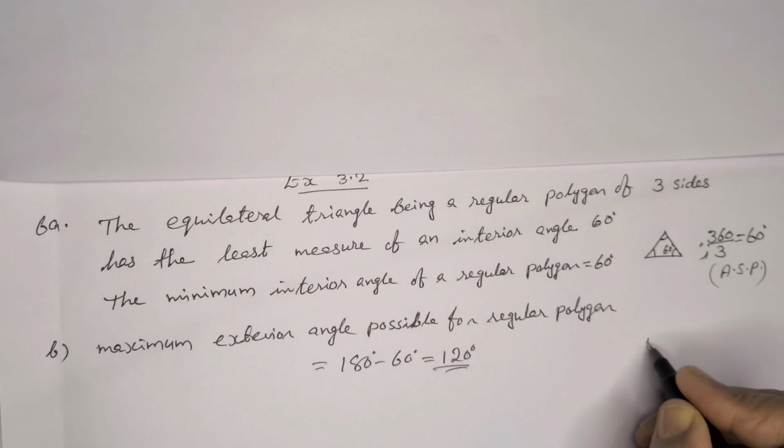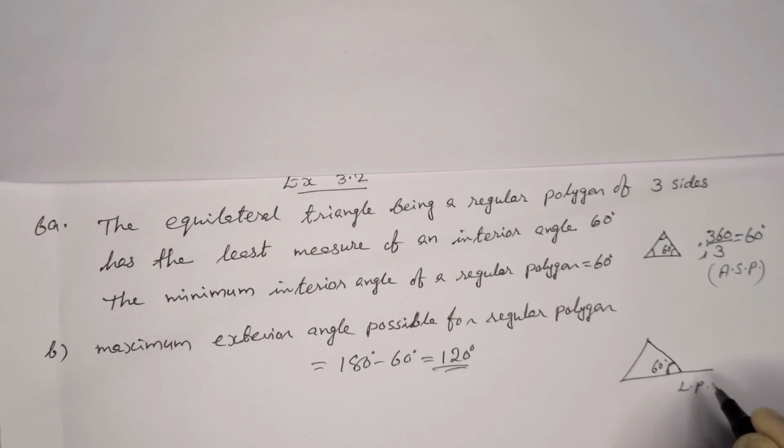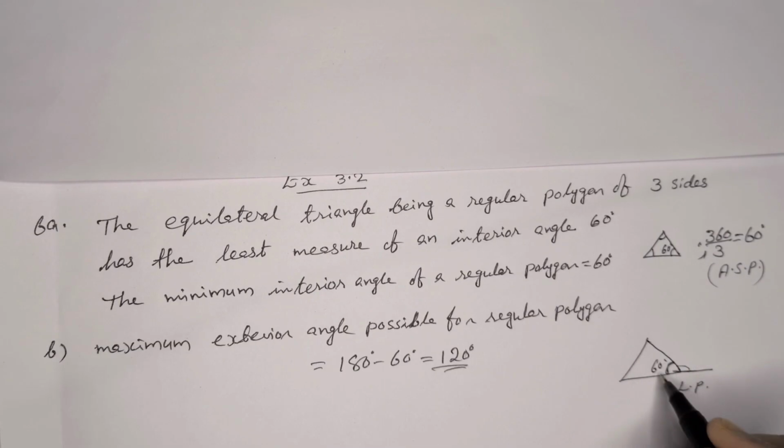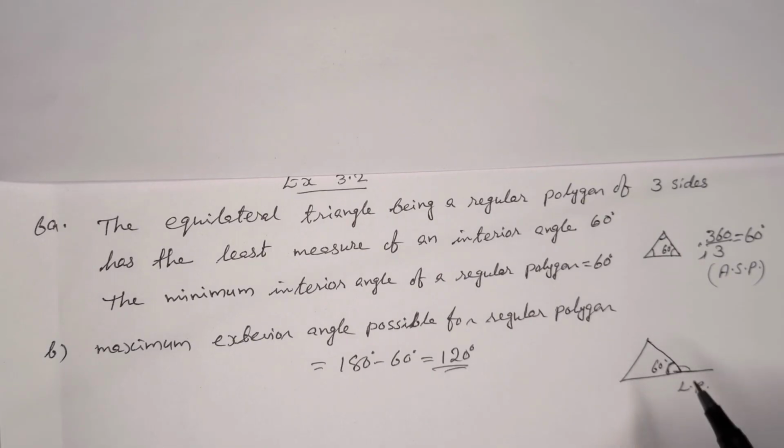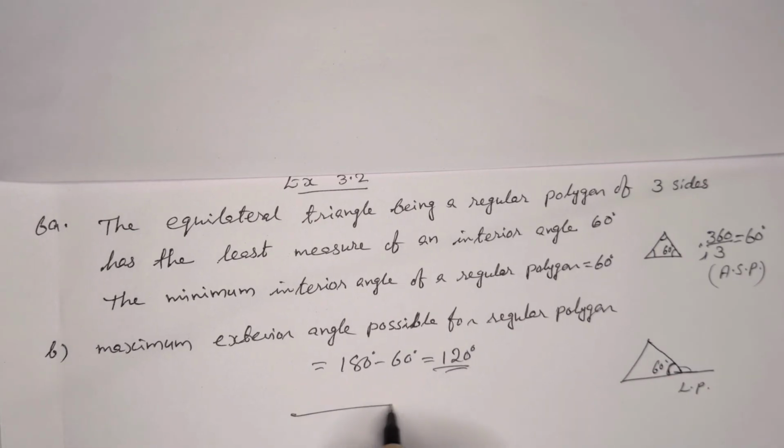We know that the interior angle is 60 degree, then the exterior angle, this is a linear pair. So the exterior angle will become 180 minus 60, so it will become 120. So the maximum exterior angle possible for the regular polygon is 120 degree.